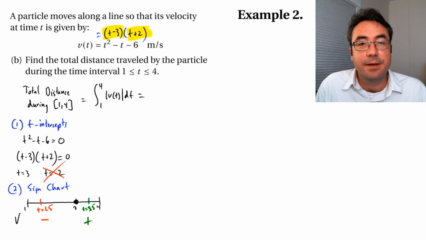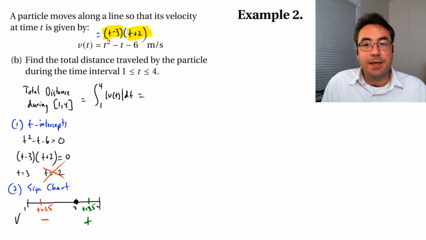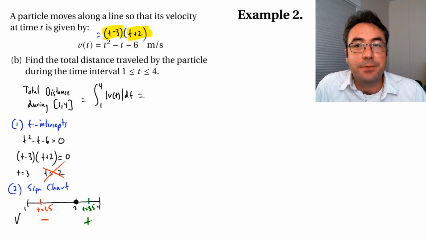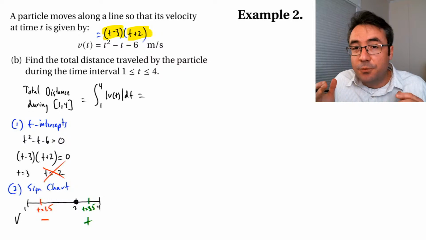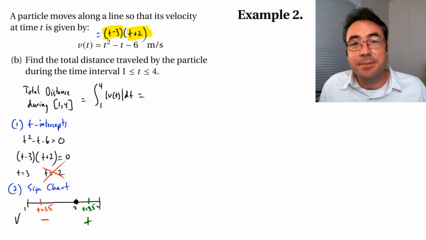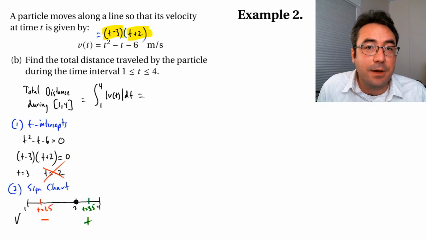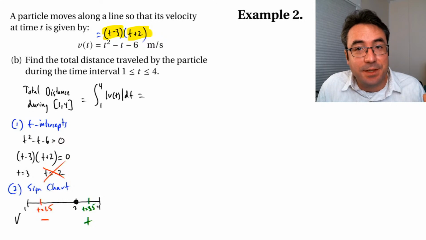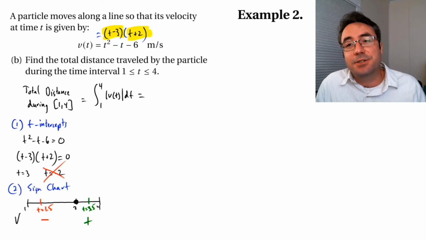So what's happening on this interval is in between 1 and 3, our particle is moving to the left. And in between 3 and 4, our particle stops moving to the left and starts moving in the other direction.